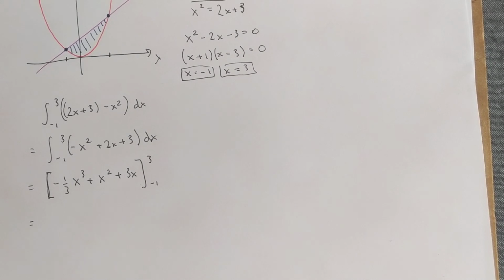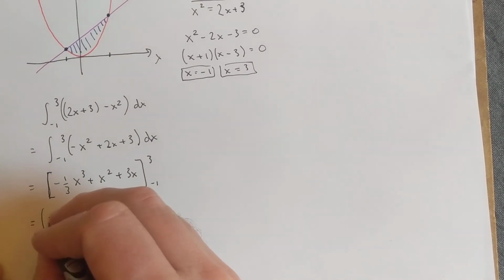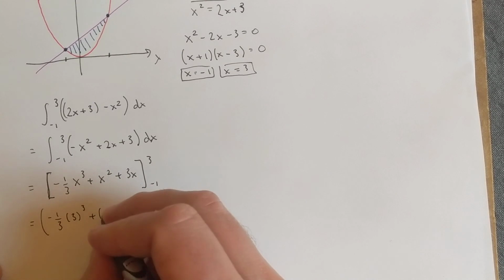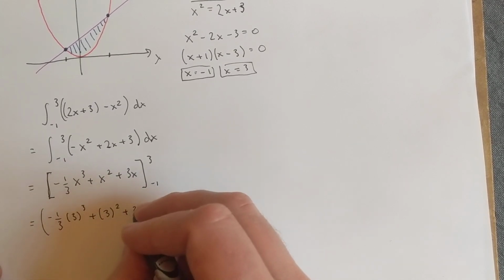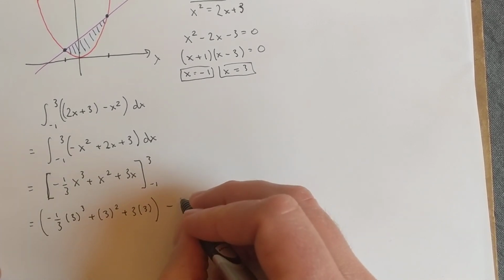Okay, so we just did the power rule a bunch of times, and now we're just going to plug our bounds in. So plugging 3 in, and then we'll plug negative 1 in.